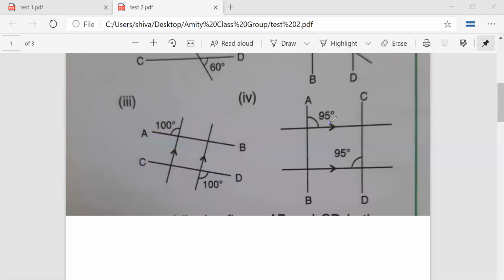Again, they are telling us that this line is parallel to this. Using this information, I will try to prove that this line and this line are parallel to each other. Mr. Satya, any doubt? No, sir. So this and this is parallel.